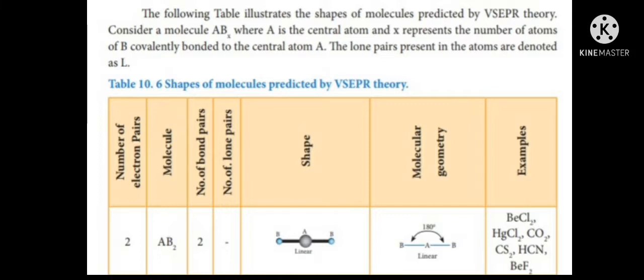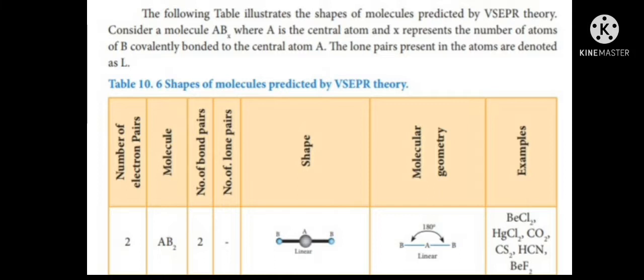Consider the molecule ABx, where A is the central atom and x represents the number of atoms of B covalently bonded to the central atom A. The lone pairs present on the atom are denoted as L. This tabular column contains number of electron pairs, molecule, number of bond pairs, number of lone pairs, shapes, molecular geometry, and example. First, we will start with number of electron pairs equal to 2.